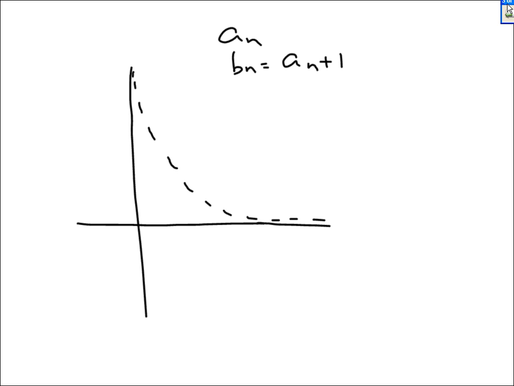If you add 1, they're going to all be 1 higher. Now they're getting closer and closer to 1. And it's decreasing. It's always going down. It never went up. It's going down as I go to the right. But nonetheless, it's not getting closer and closer to 0. They're getting closer and closer to 1.